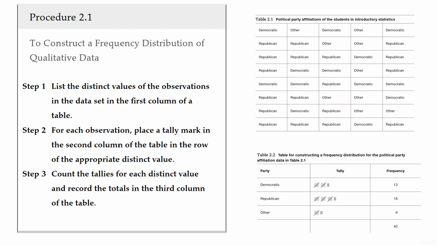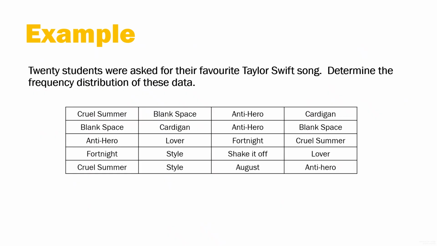Most people are able to just do column 1 and 3. They don't actually have to do the tally part in the middle, but sometimes it helps to get into the practice by tallying it first and then recording the total. And I implore you to pause the video and try to do it for yourself in this example. So we have 20 students and they were asked for their favorite Taylor Swift song, and we were asked to determine the frequency distribution of these data.